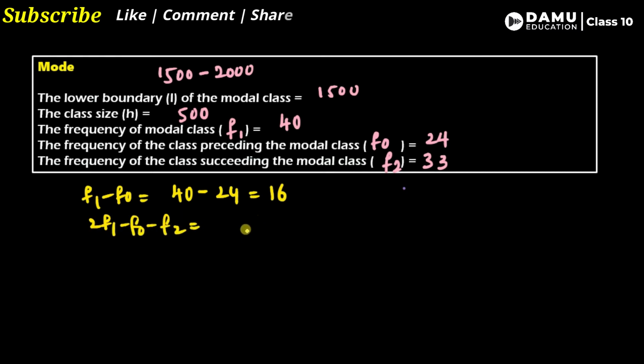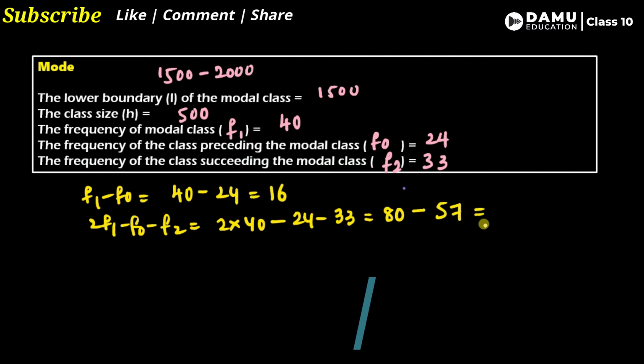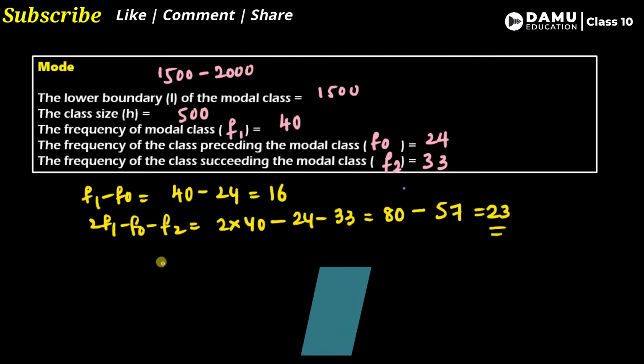We calculate this first in order to ease the cancellations. 2 into 40 minus 24 minus 33. 2 forties are 80, minus 24 plus 33; 24 plus 33 is 57. So 80 minus 57 is 23. These are the values we need.